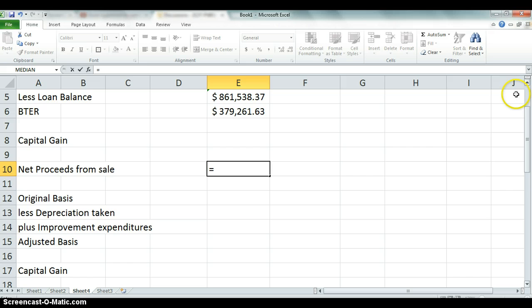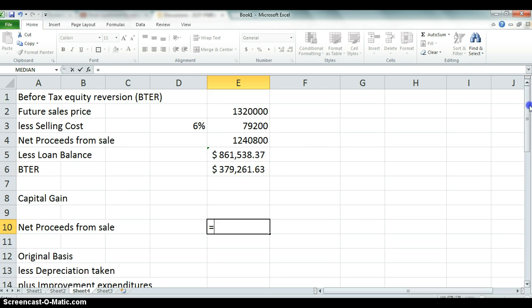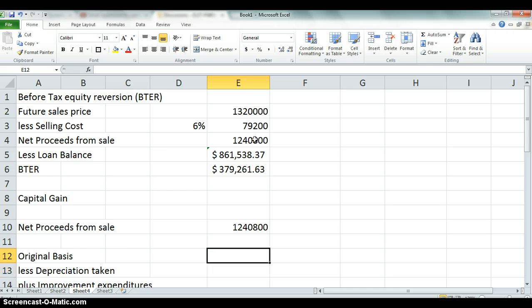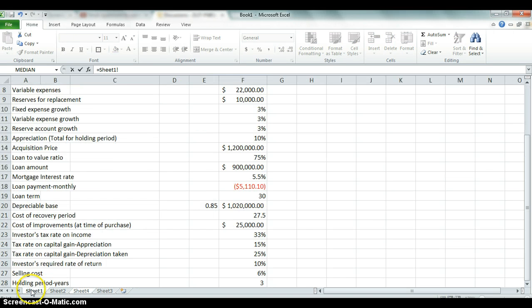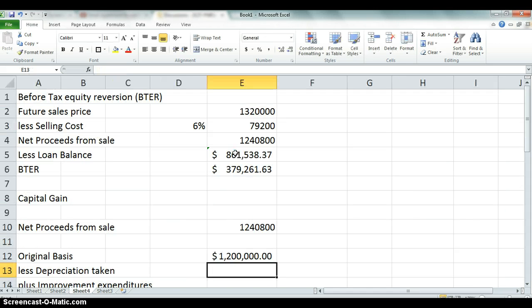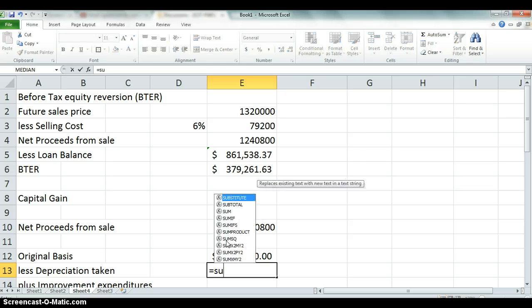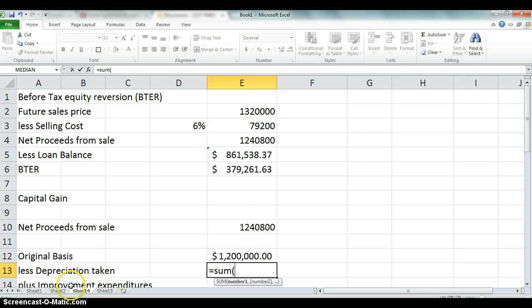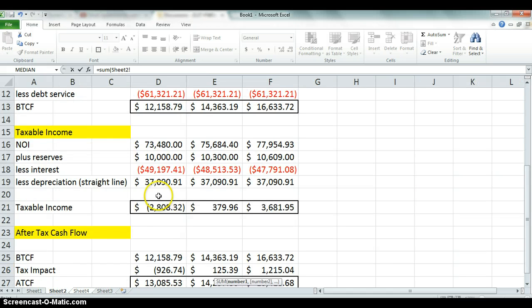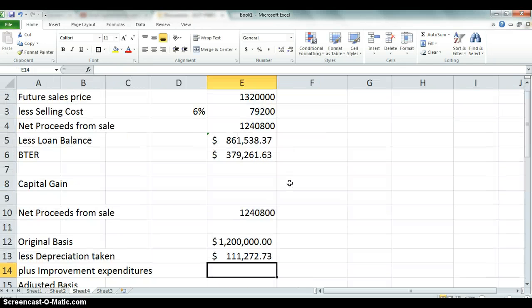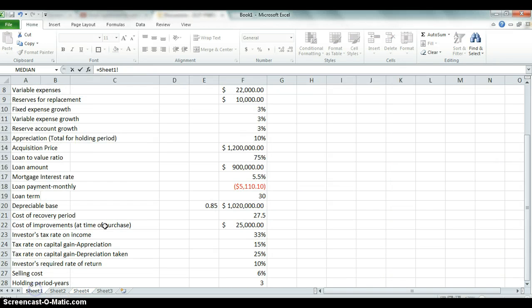Our net proceeds from sale, we just calculated. Our original basis equals our acquisition price. Our depreciation taken is equal to the summation of the straight line depreciation that we calculated in the taxable income. The improvement expenditures is in the very first page.